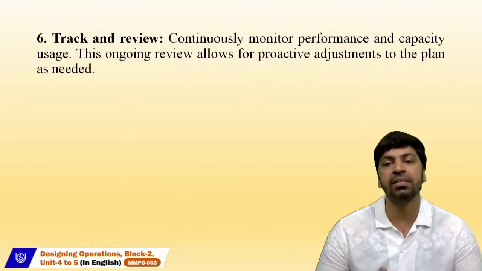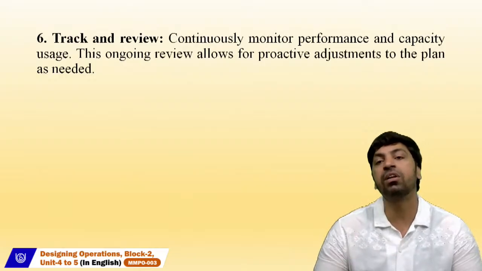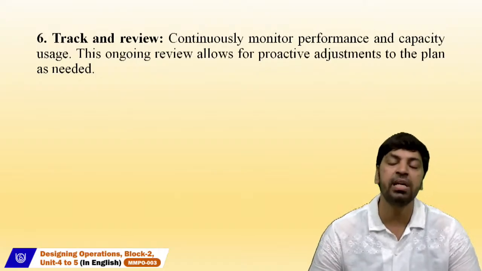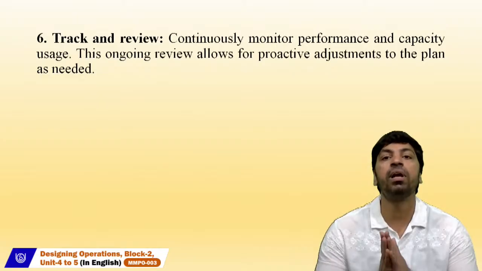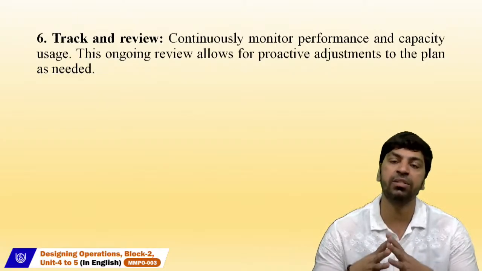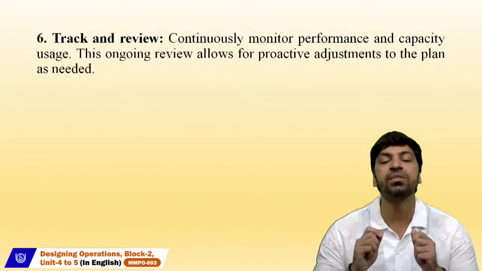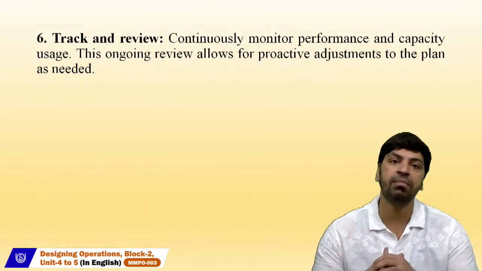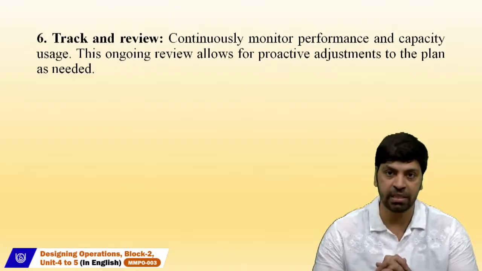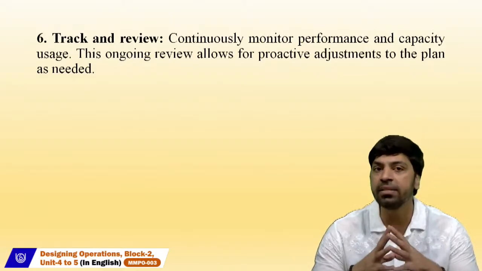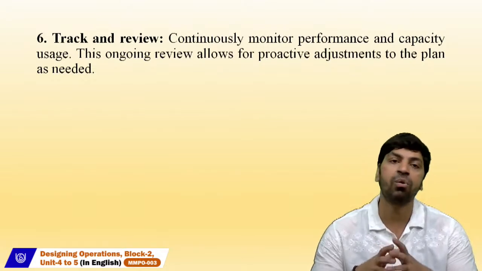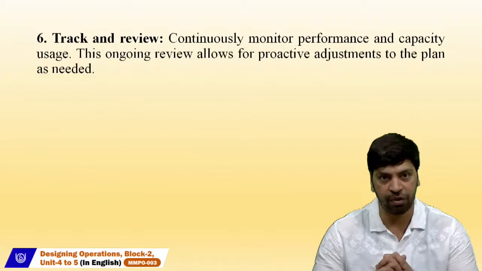In other words, it is an ongoing review process that allows for proactive adjustments to the plan, which has been decided by the decision maker, whenever needed. So that is the last stage, called track and review.